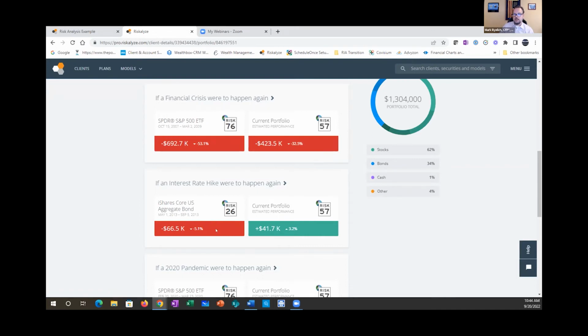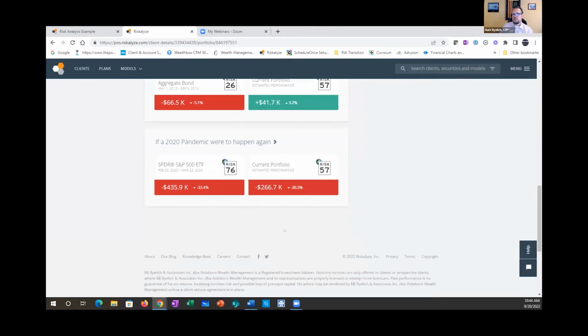So the U.S. core index, because of the way they're invested, this would be up 3.21%. But again, that wouldn't be a positive growth in this environment. It would likely be down, let's say 8 or 9, maybe 10%. And then if the pandemic were to happen again, the current portfolio would be down 20%. So that's really where we still are.